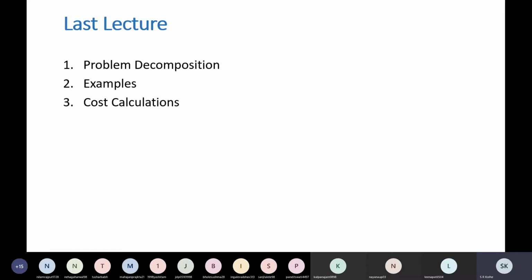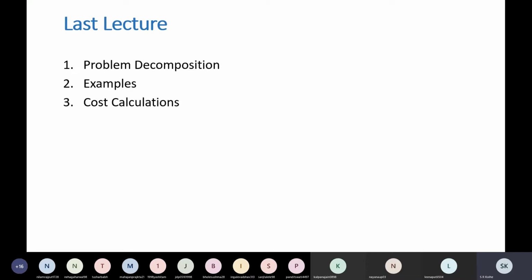And we saw that there are problems which are decomposable. That means you can divide those problems into sub problems, and we follow this strategy most of the time. If problem is very complex, then we divide it into sub problems and we try to solve those sub problems separately, and then we combine those results to get the final result or to achieve the final goal.